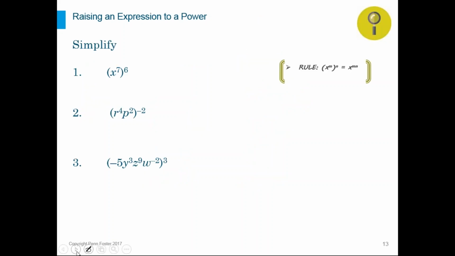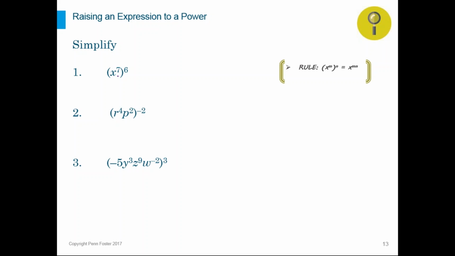Okay, let's look at another operation that we will see in our exam or in our practice questions and our lessons. What if we have an exponential expression like x to the seventh, and then we decide we want to raise that expression to another outer power, or a grand power? What's the rule on that?